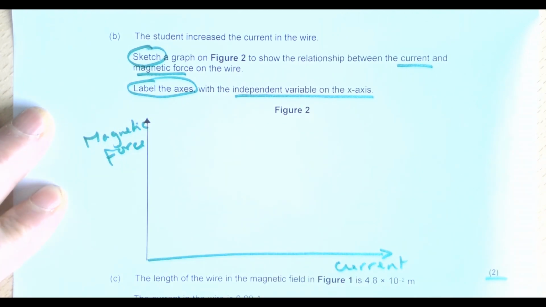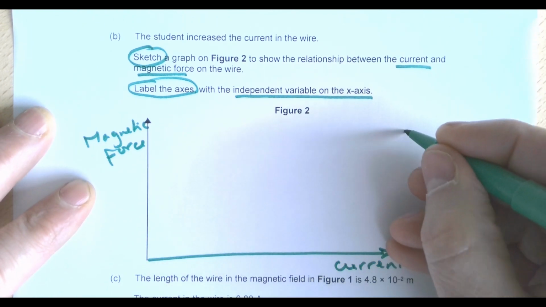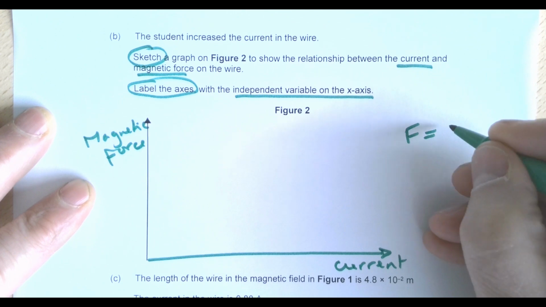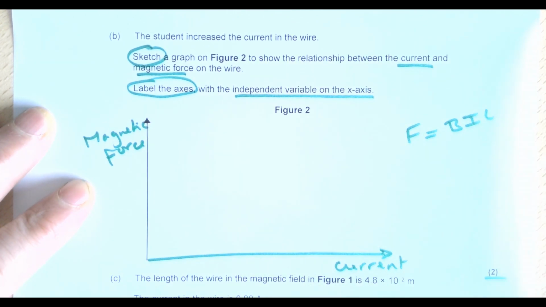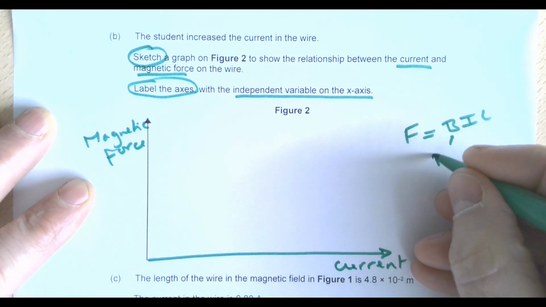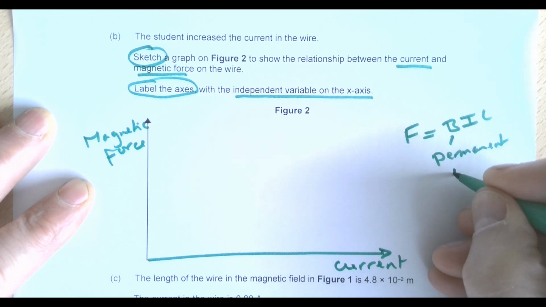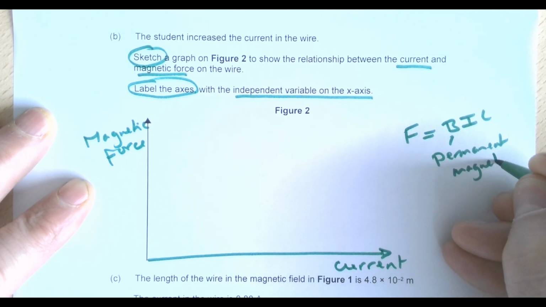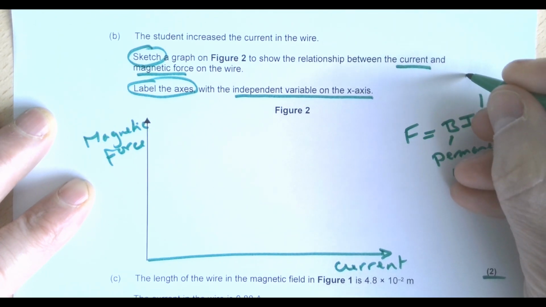Now, what I might do here is I might think, right, is there an equation I know that links magnetic force and current on this wire? And there is. And that equation is F is equal to B, I, and L. Okay, and this is the B from the permanent magnet, the field strength, and this is the length of the wire.